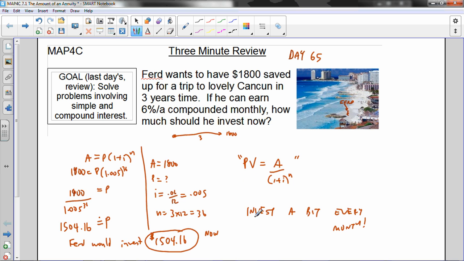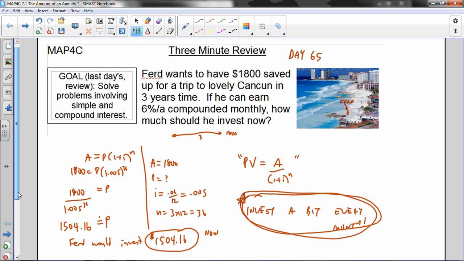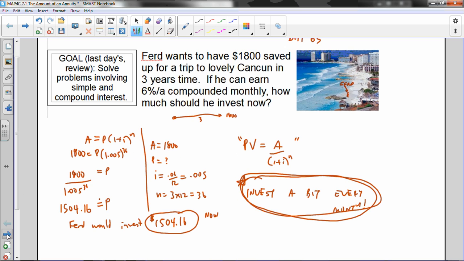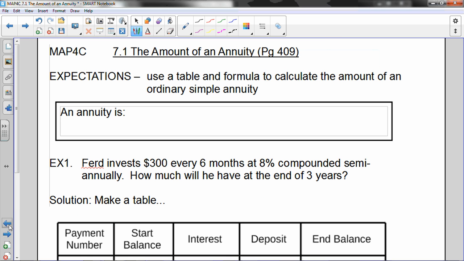Right? That's what we'd want to do, and the interest would be on top of that. This idea of investing a bit every month is not only wise investment, and you've probably heard people say about invest early, that business. This is what today's lesson is about, and it's what this whole chapter is about. So let's get at it.